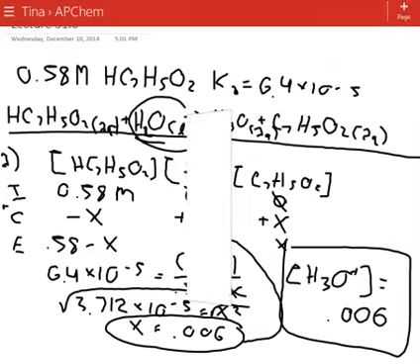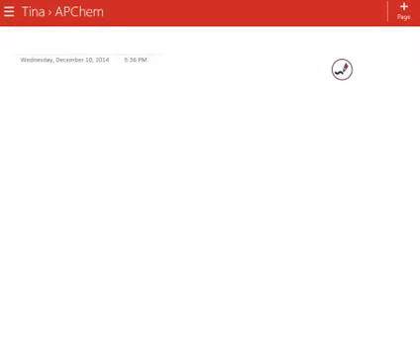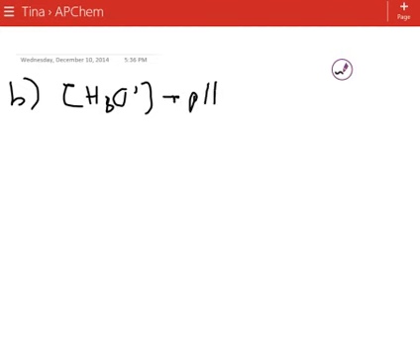Now for part B, it says find the pH of the solution. So we know in order to convert the concentration of H3O plus to pH, we will plug it into the equation: negative log of the concentration of H3O plus.